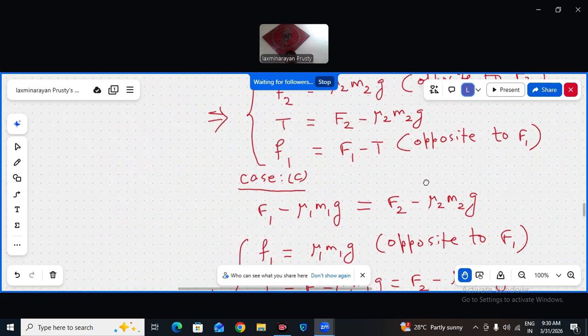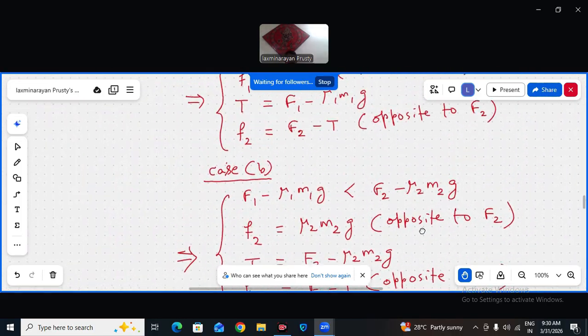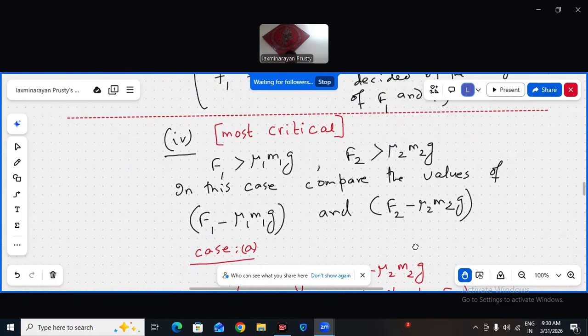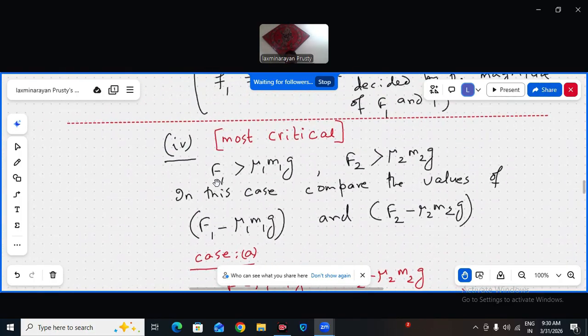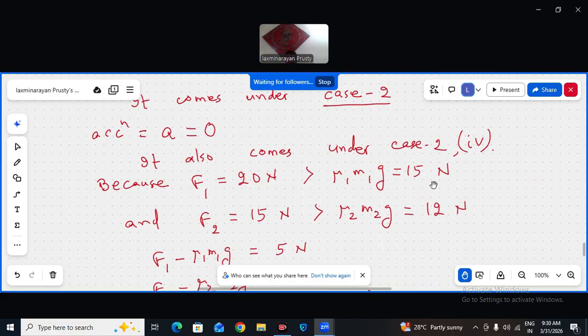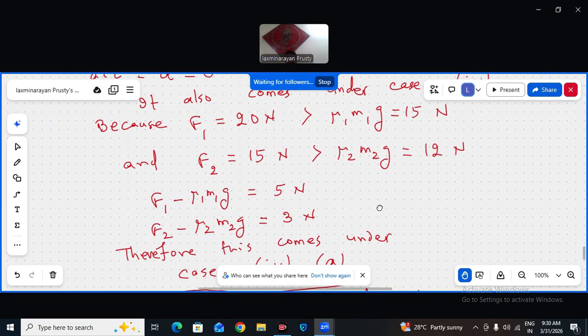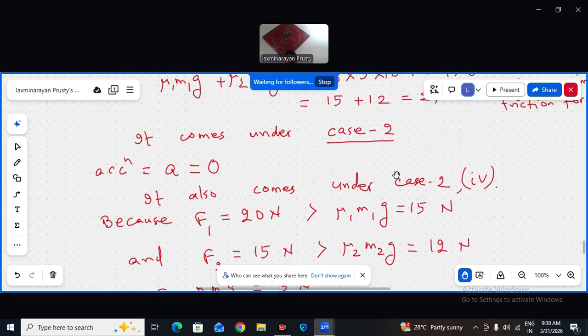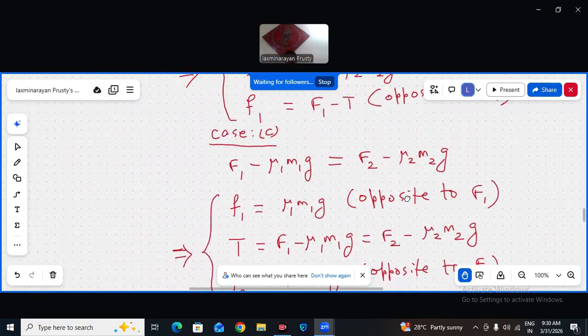So which case is coming? This most critical one: capital F1 greater than μ1 m1 g, and capital F2 greater than μ2 m2 g. Is it coming into this condition or not?